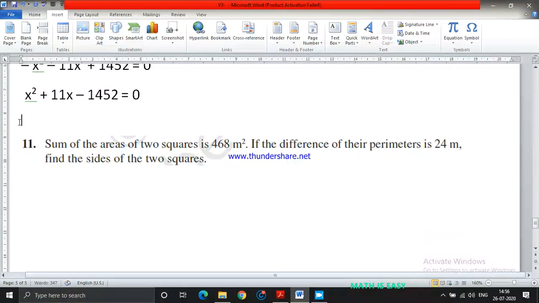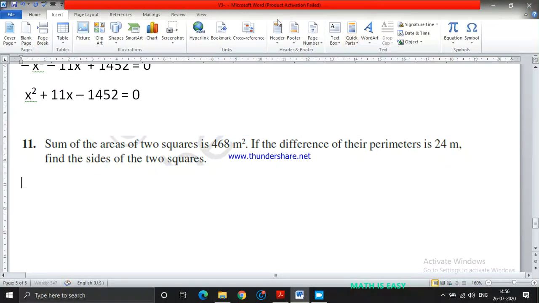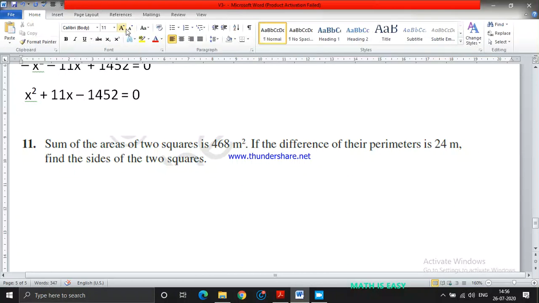We have one last question. Sum of the areas of two squares is 468 meters square. If the difference of their perimeters is 24 meters. First one is the sum of the areas. What is the formula?